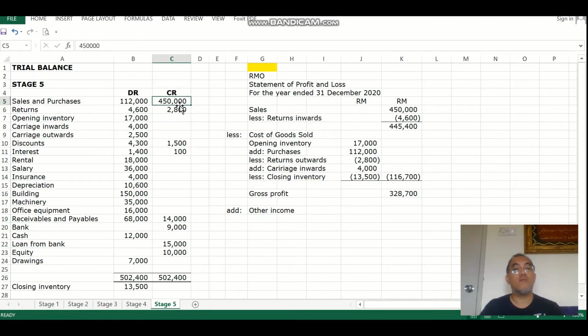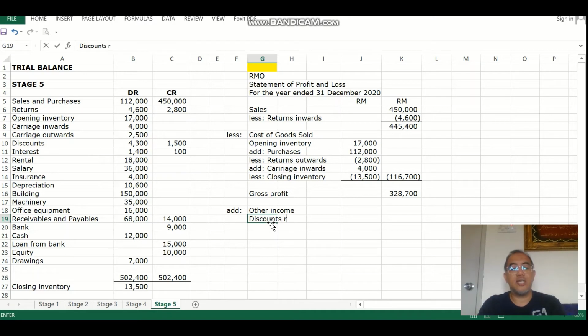So we have discounts and interest. So what kind of discount? This is discount received, and also interest income, or interest revenue. Interest income, interest revenue, same.